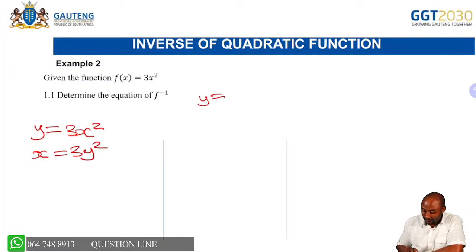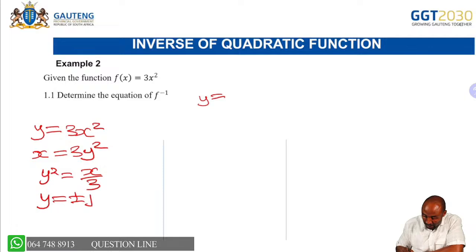After that, we said we make y the subject. So the coefficient of y squared is 3. We divide both sides by 3 and we get y squared is equal to x over 3. How do we solve an equation with y squared? Our y is equal to plus or minus the square root of x over 3.